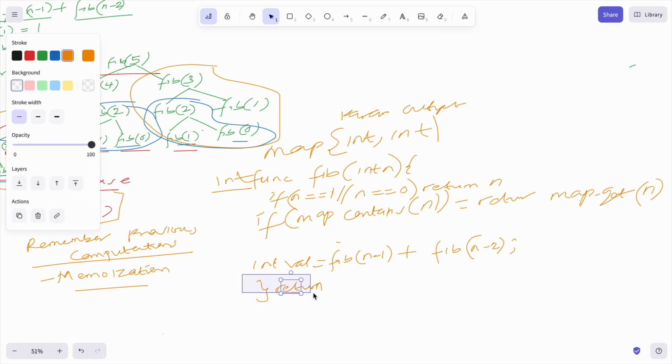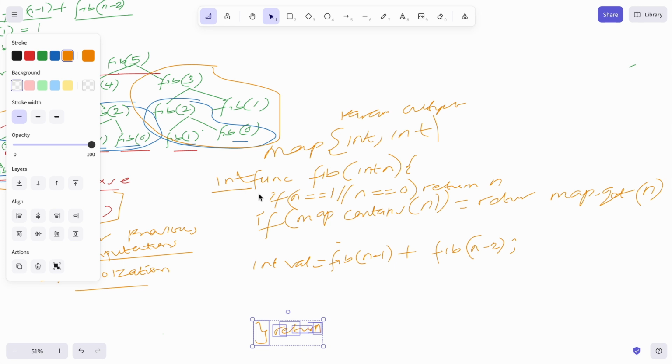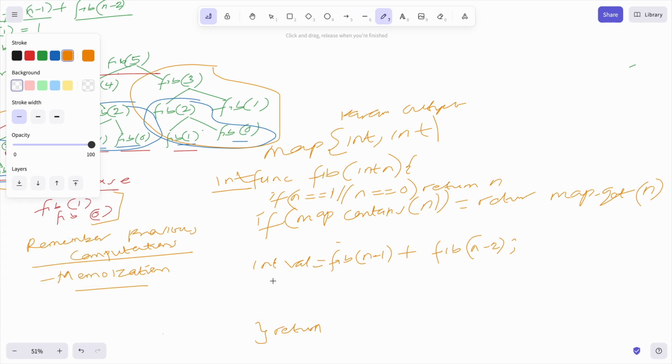Once we have this as our value, the next thing is we need to store it inside the map. We need to put the value inside our map. The key will be n, and the value will be what we are going to return, which is this value. And then once we do that, we just return the value.